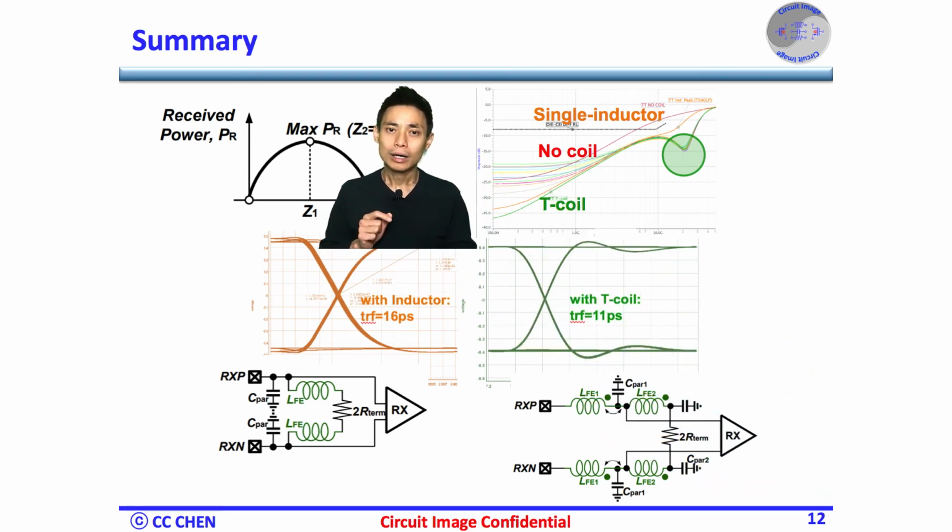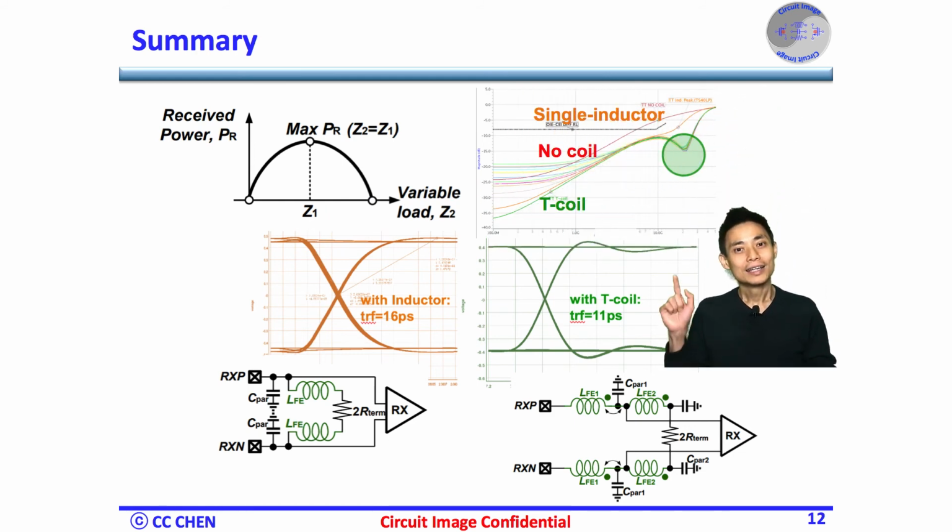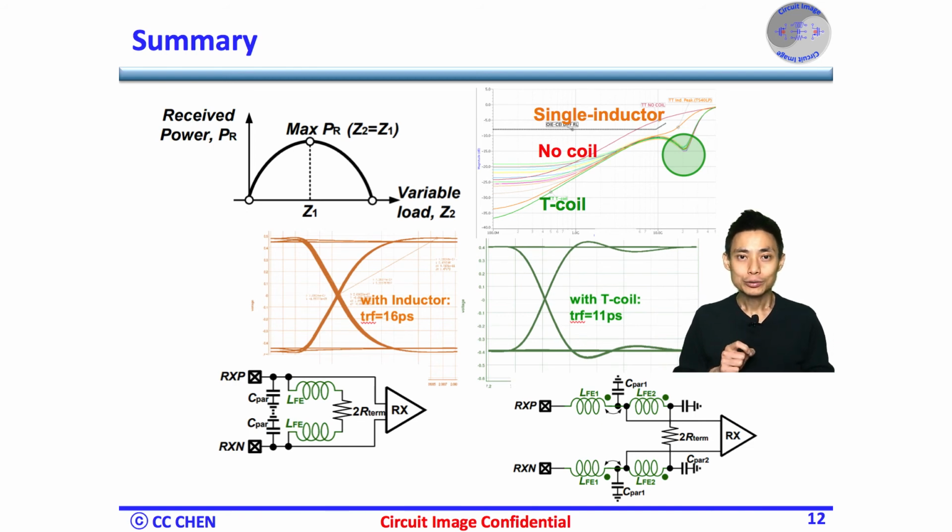For example, the reflective signal would be minimized, or the incident signal level would be maximized from DC to data rate frequency. In addition, good matching will extend the signal bandwidth to boost the transition time of the signal and reduce the deterministic jitter.